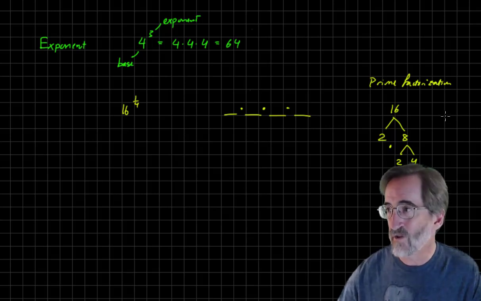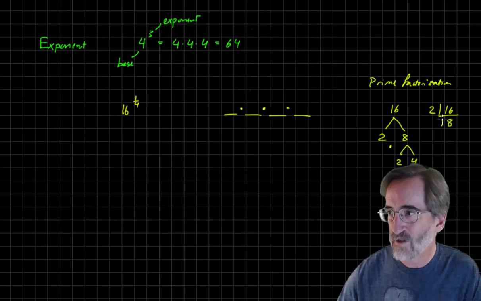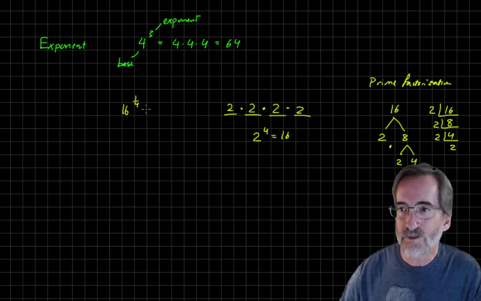I also like a technique called the division ladder, in which I start with 16 and simply divide by 2. 16 divided by 2 is 8. 8 divided by 2 is 4. 4 divided by 2 is 2. And again, we get 2 times 2 times 2 times 2. So 16 is 2 to the 4th power, and 16 to the 1/4 is 2.